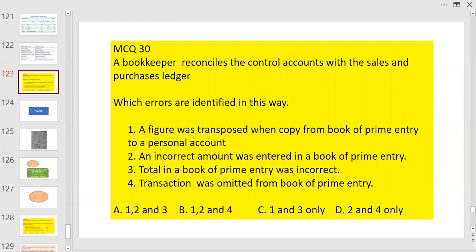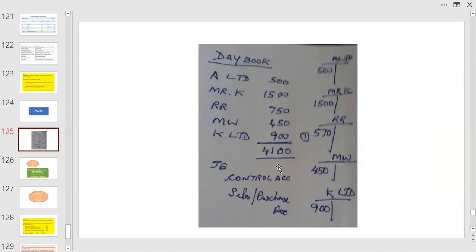Now the third one, total in the book of prime entry was incorrect. Now look at this one. Instead of 4,100, let us say it was totaled as 4,700. In that case, if you list the accounts, because this has no relevance to the listing of these accounts, they will say, if done correctly, it will be 4,100.